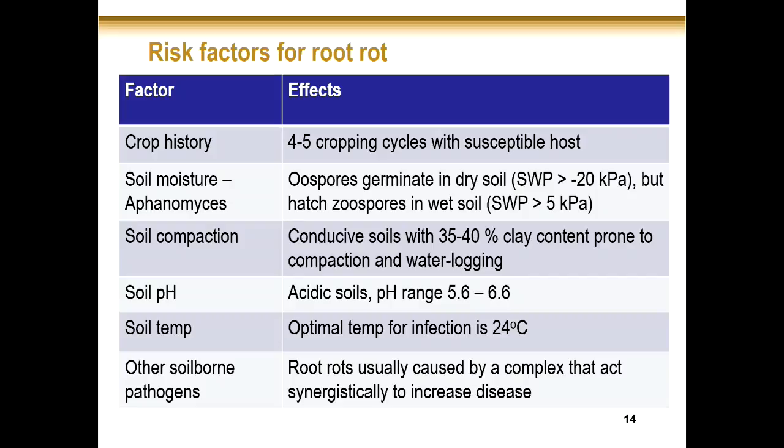Some of the soil characteristics are other important risk factors, one of the most important being soil compaction. The really conducive soils are ones that have fairly high clay content. That would be up in the Drumheller to Three Hills region, where they have the really heavy gumbo clay soils, which is where we can often see that root rots will be the worst. Soil pH: more acidic soils are more conducive to disease.